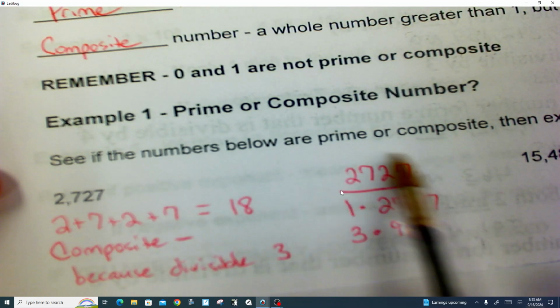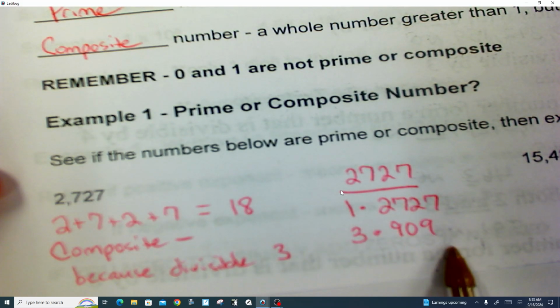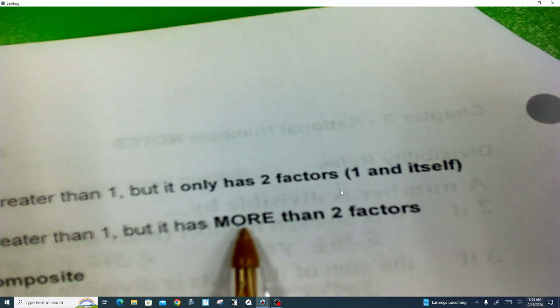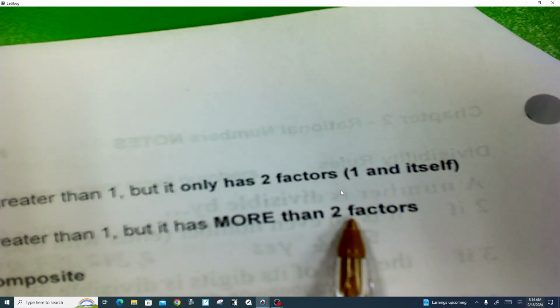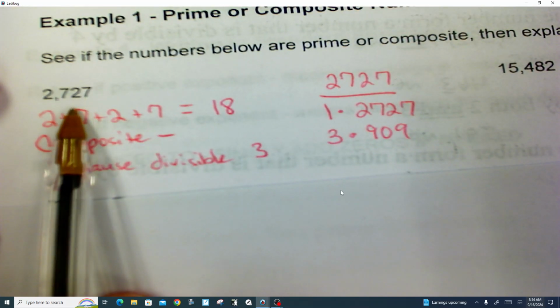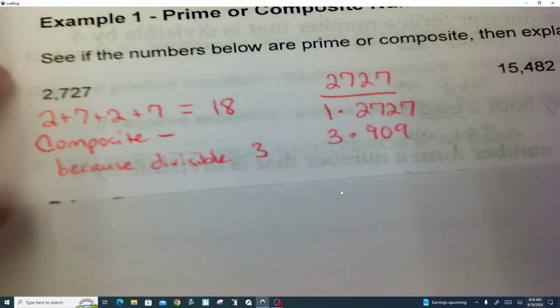How many factors do you see there, folks? I see 1, 2, 3, 4. That's proof that that is a composite number because it has more than 2 factors. So if you're looking for the easiest way of seeing if a big number is a composite number, see if you can divide it by any number that's not itself. If you can get a whole number answer without getting fractions and decimals, that's what it'll be.